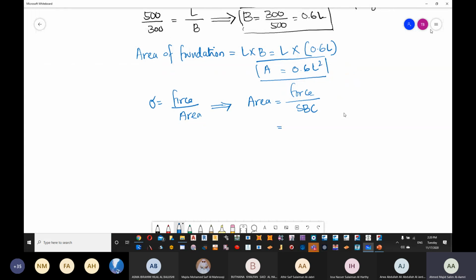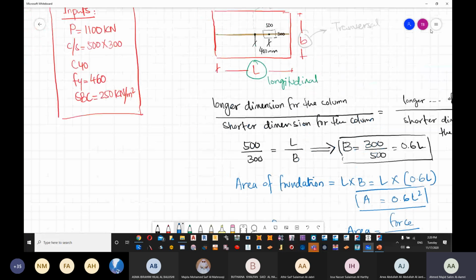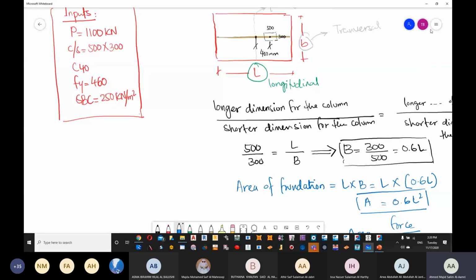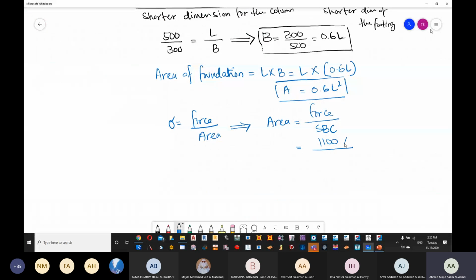Okay. In this case, the force has been given in the question as 1,100 kilonewtons, and we are going to assume 10% as self weight.